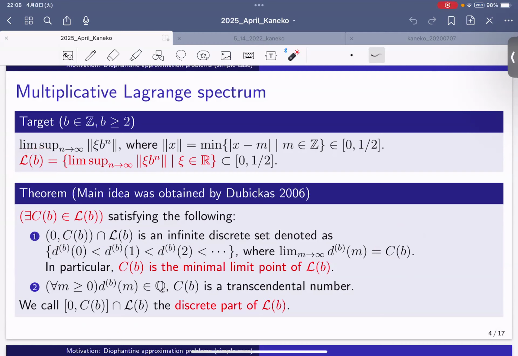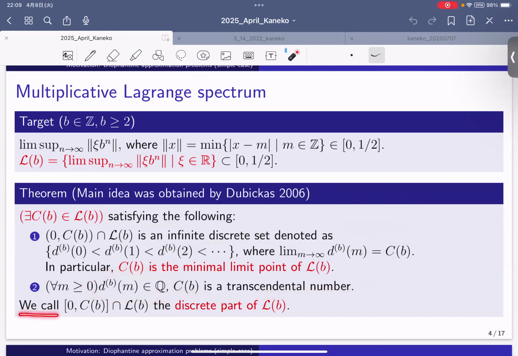I won't tell the definition of the classical Lagrange spectrum, but the discrete part of the classical Lagrange spectrum tends to 3. So this c_B is the analogy of the 3. The interesting point is that below this c_B, the points are rational numbers, and the minimal limit point is a transcendental number.